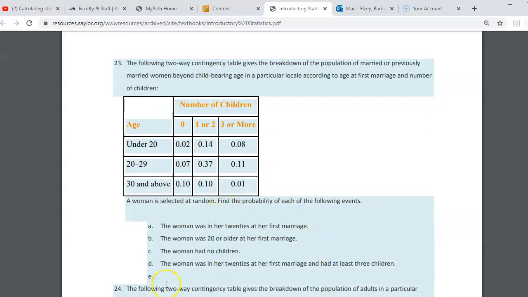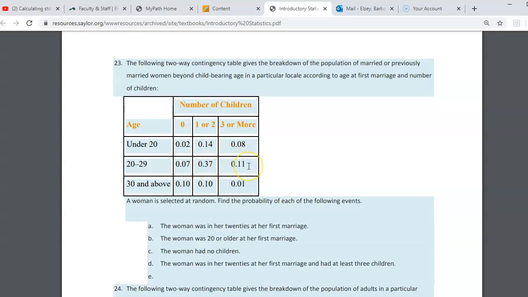Then let's go to the last one. There's an E, but nothing written there. I'm not sure what happened. The woman was in her 20s at her first marriage and had at least 3 children. We're looking for a woman in her 20s, which puts us in this row from 20 to 29, and at least 3 children, so we have to go over here. This is 0 children, this is 1 or 2 children, but in this column are the people who had 3 or more children.